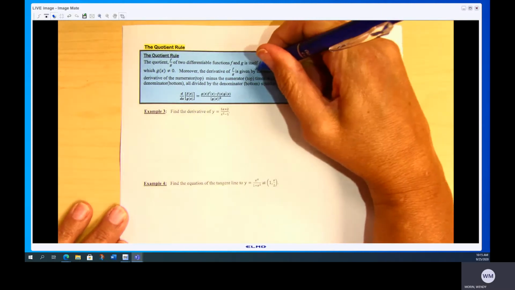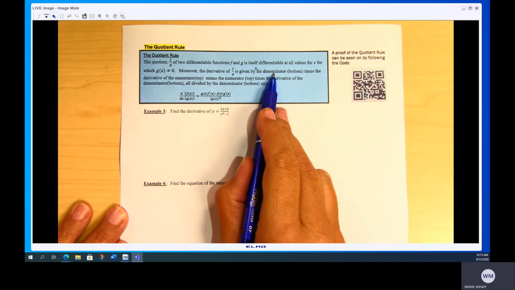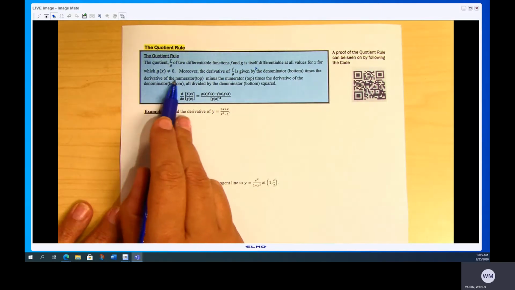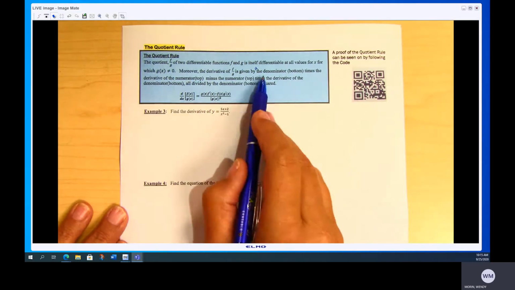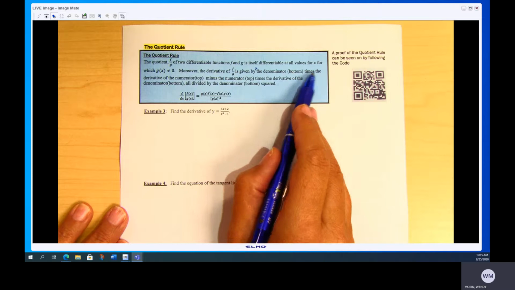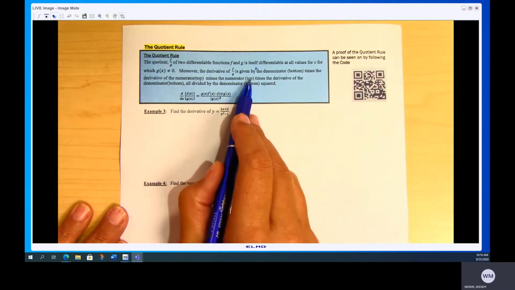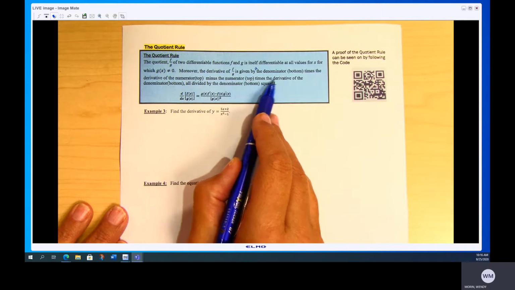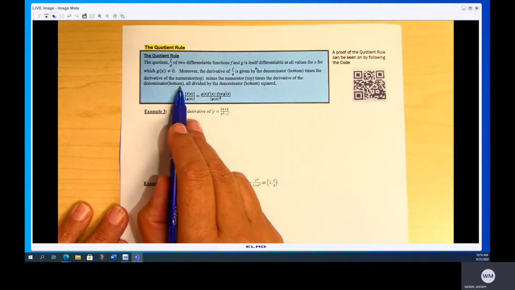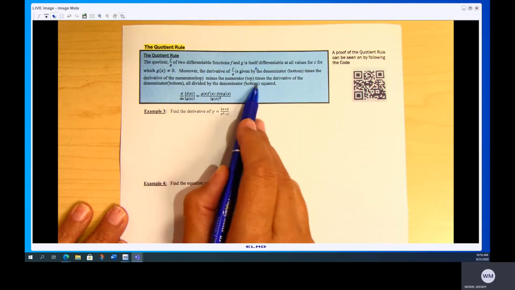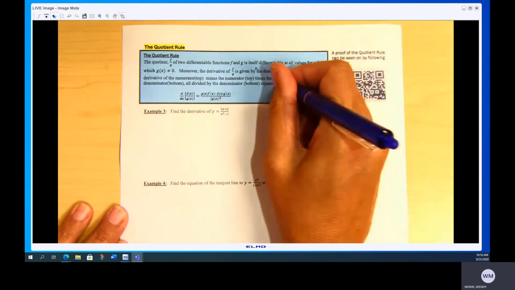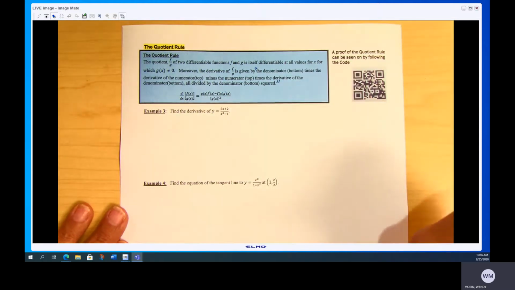It's the denominator times the derivative of the numerator. So I will say bottom times the derivative of the top minus the top times the derivative of the bottom, all divided by the bottom squared. So memorize, repeating it over and over again.